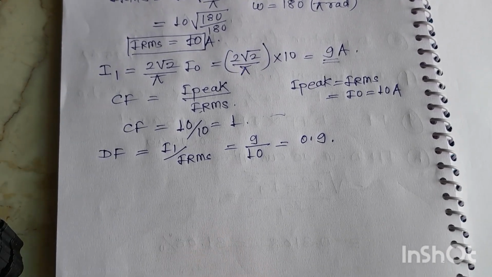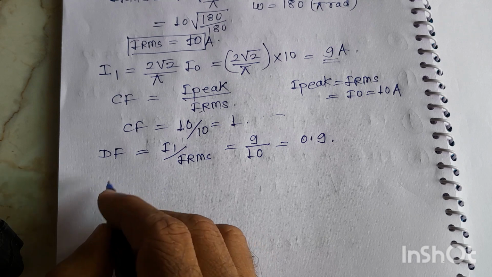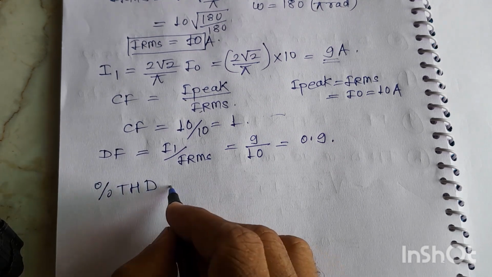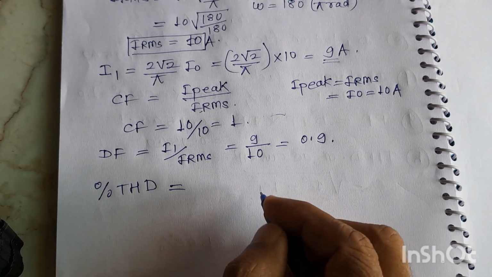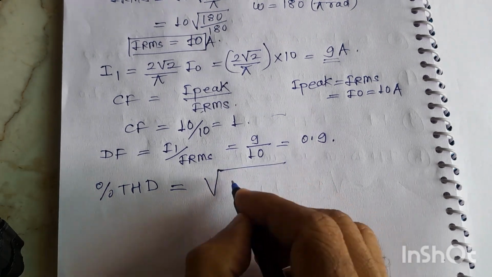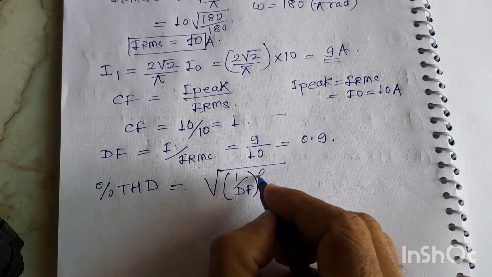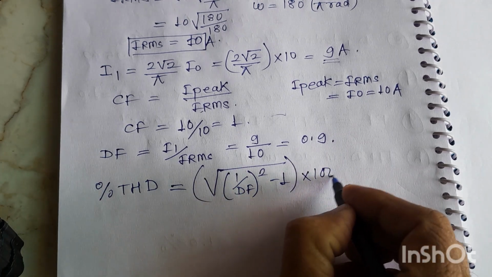Now we'll go for the last value, that is the fifth value, the percentage total harmonic distortion. Percentage total harmonic distortion can be calculated by this formula: square root of (1 over distortion factor) whole square minus 1, multiplied by 100.